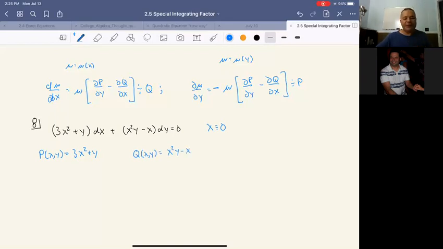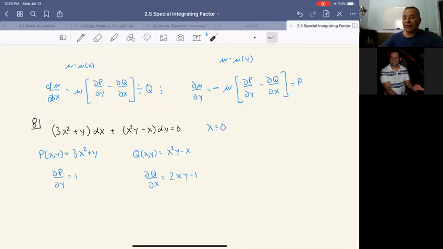Okay, so now let's take the partial of P with respect to y, which equals 1. Partial of Q with respect to x equals 2xy minus 1.